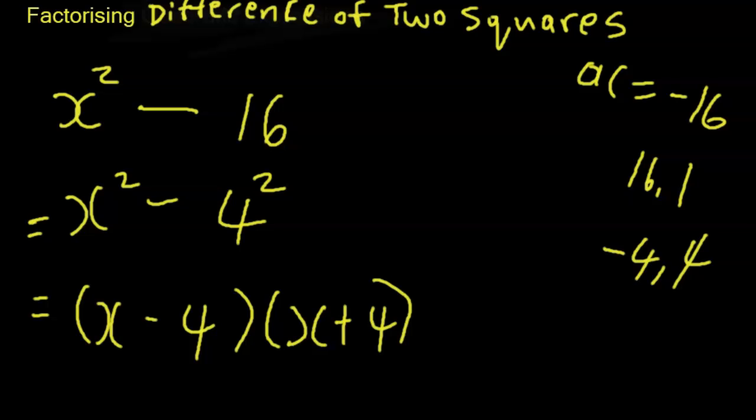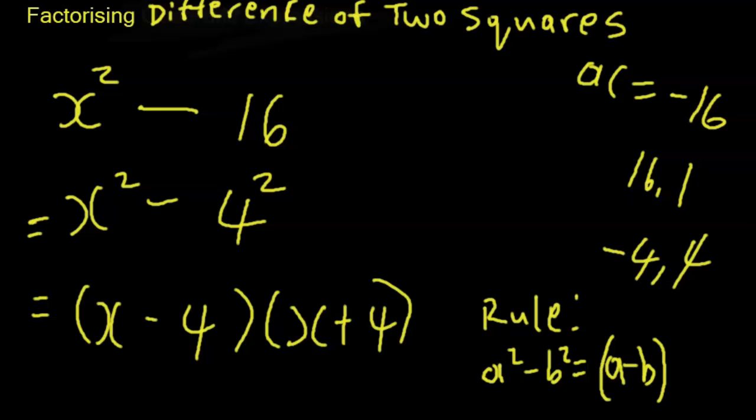So as a general rule, for difference of squares, a squared minus b squared is (a minus b)(a plus b), and by far is the easiest type of factorization. Let's look at a few more examples.